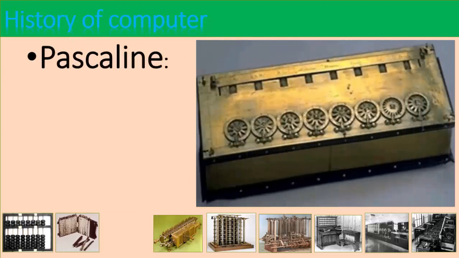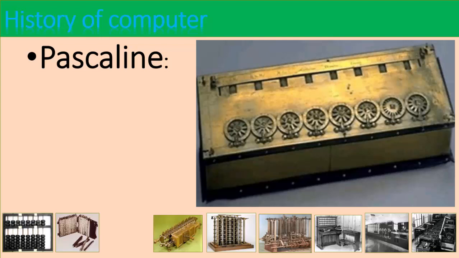The next one, students, is the Pascaline. As you know, the Pascaline is also known as the arithmetic machine or adding machine. It was invented between 1642 and 1644 by the French mathematician Professor Blaise Pascal. It is believed that it was the first mechanical and automatic calculator. Pascal invented this machine to help his father with tax accounting.